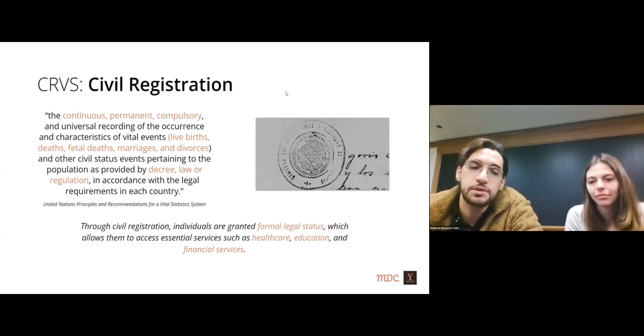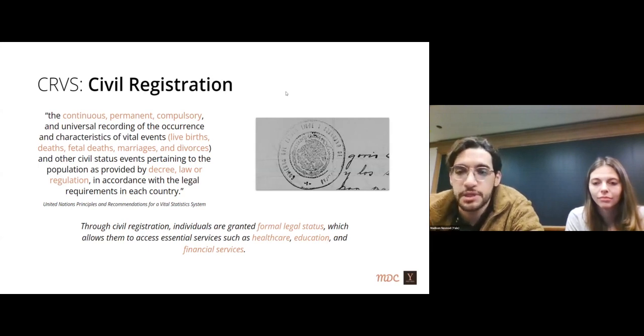According to the UN, civil registration is the continuous, permanent, compulsory, and universal recording of the occurrence and characteristics of vital events, such as live births, deaths, fetal deaths, marriages, divorces, and other civil status events pertaining to the population, as provided by decree, law, or regulation in accordance with legal requirements in each country. So all of these vital events are recorded in the civil registration, and our particular interest here is the deaths.